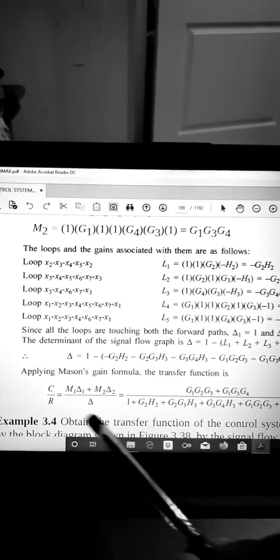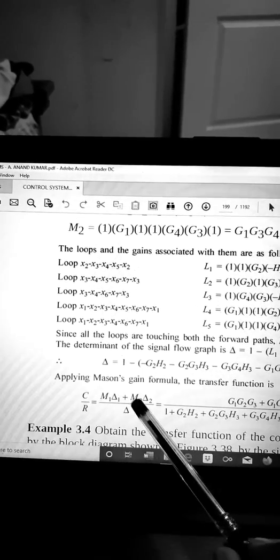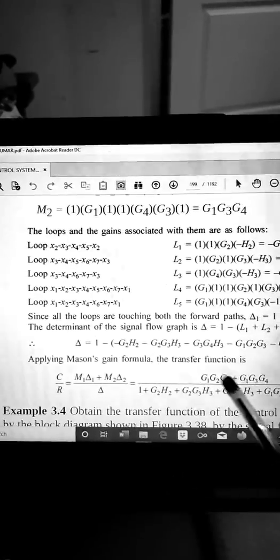Now as per the Mason's gain formula, M1 delta 1 plus M2 delta 3 divided by delta, that is equal to, you are getting a formula like this. So all of you now, immediately after the video, you take some time, you analyze the problem.